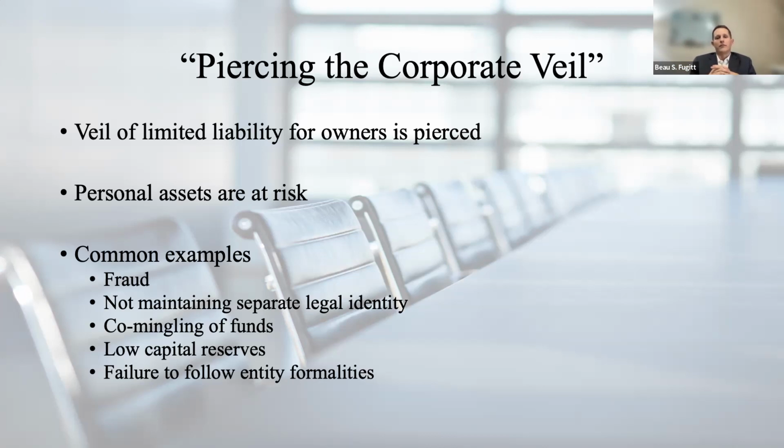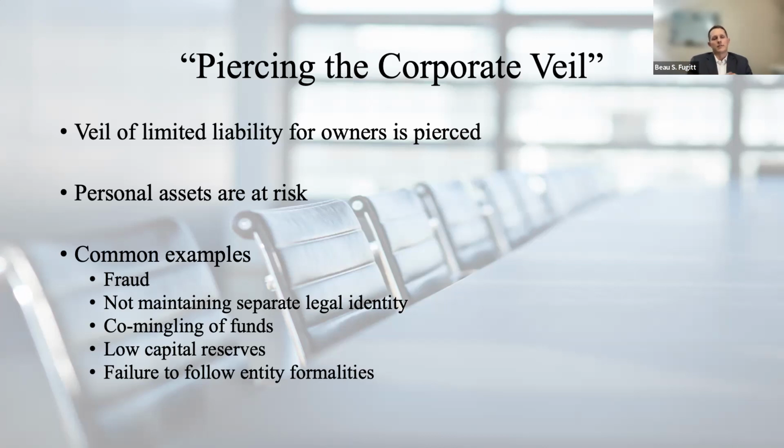And then failure to follow entity formalities. If your operating agreement says that you're going to have a member meeting once a year, and you don't have that for 10 years, and you haven't been following common accounting principles, haven't been keeping good books, things like that, then a court might pierce the corporate veil. A lot of this will come down to state law, right?